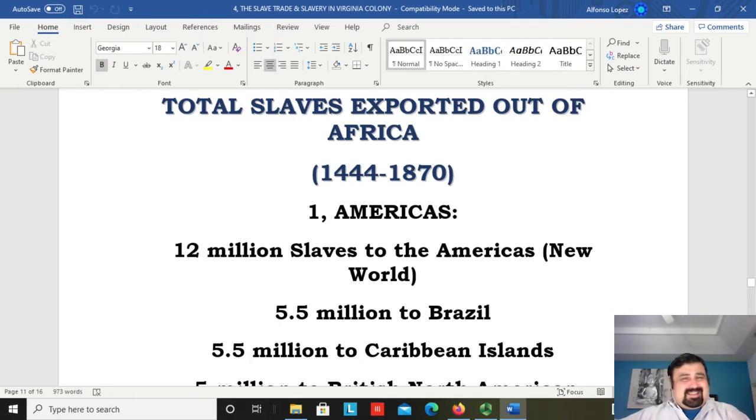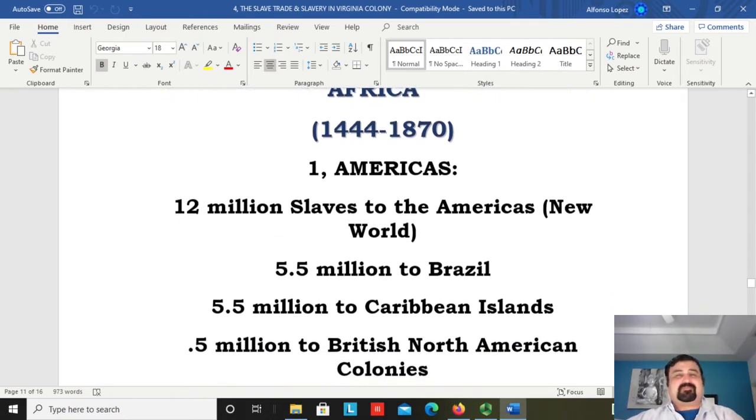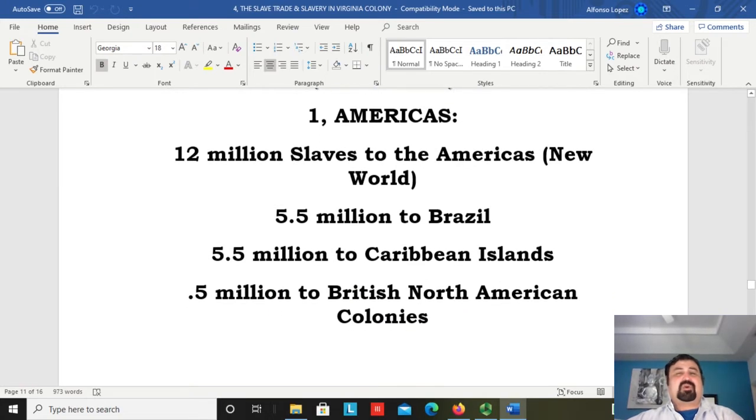To the Americas, it is estimated that 12 million were exported from Africa. The vast majority went to Brazil, 5.5 million, and the Caribbean islands.